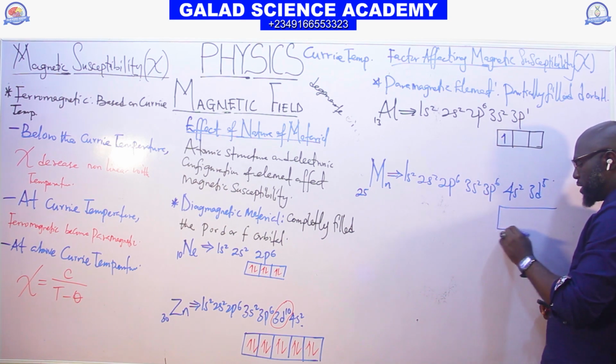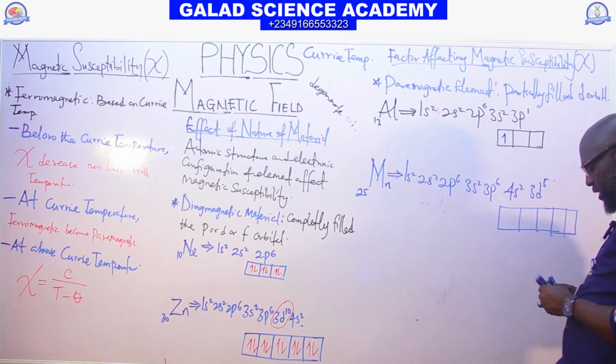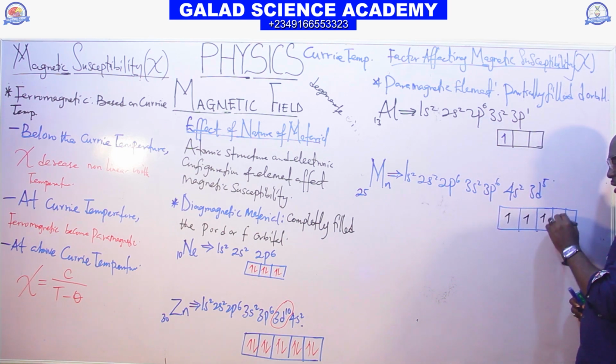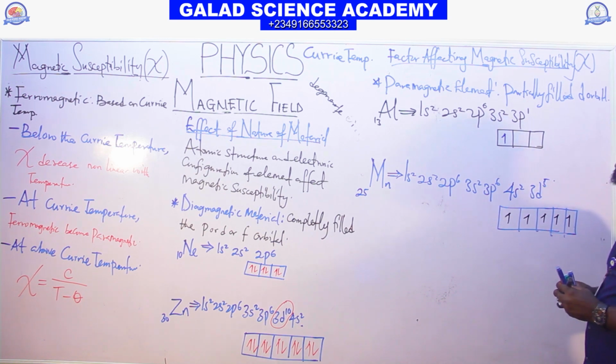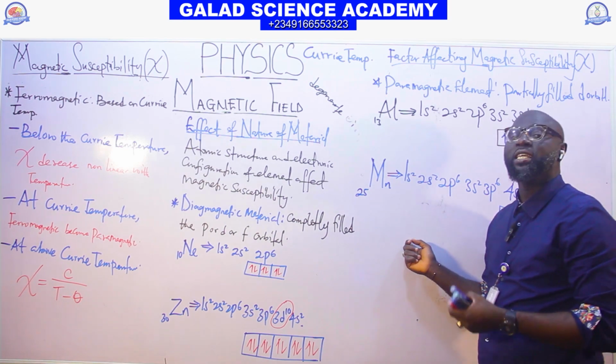So this 3d5, check it: 1, 2, 3, 4. Put the electrons inside. We are going to have 1, 2, 3, 4, 5. They are partially filled. So that is how the nature of the material affects this.